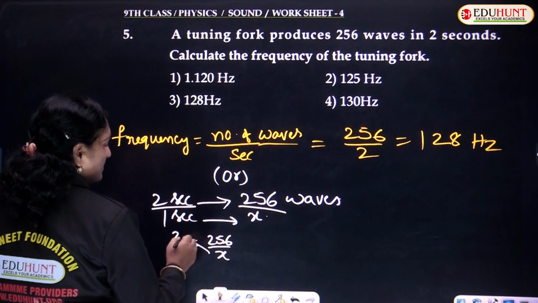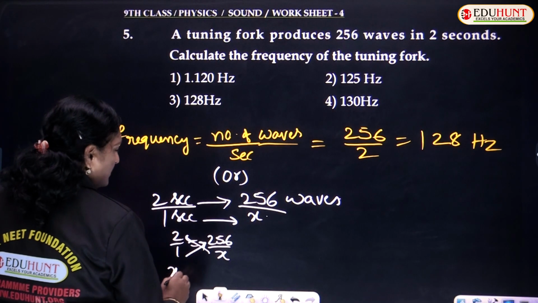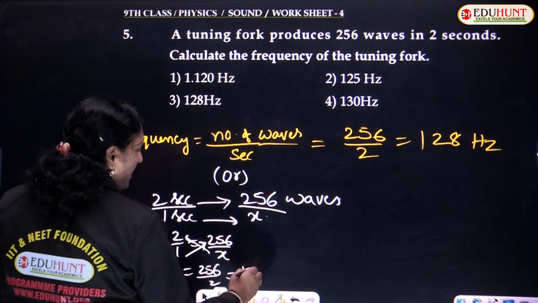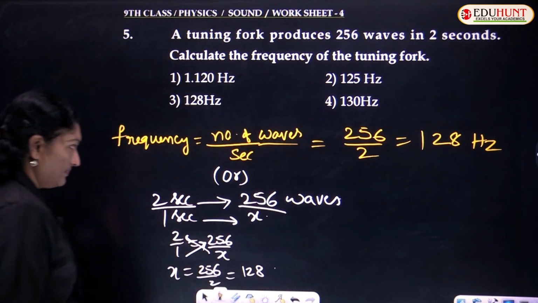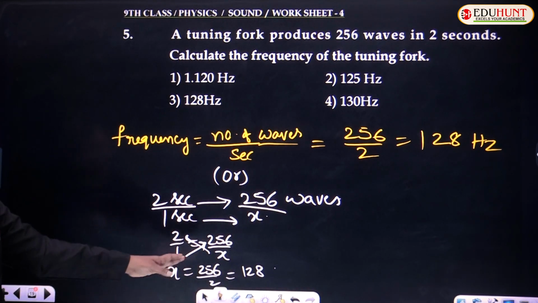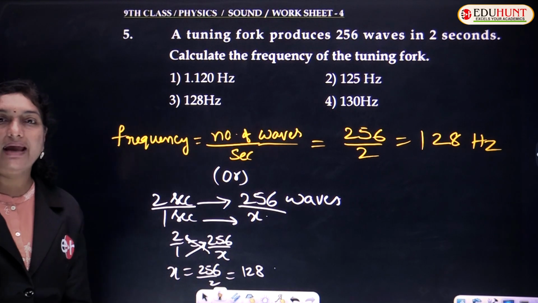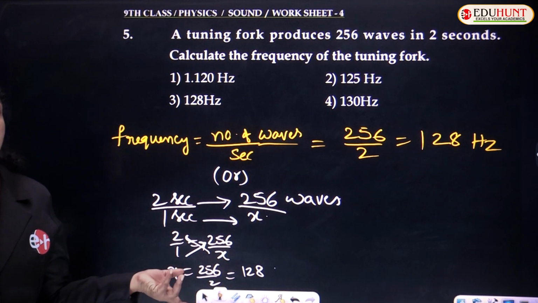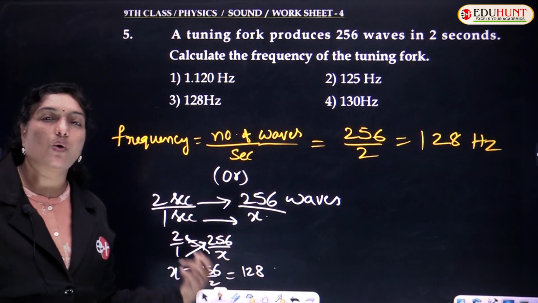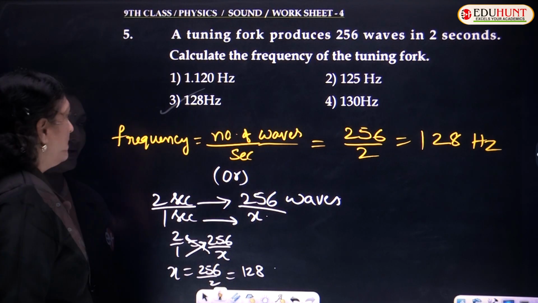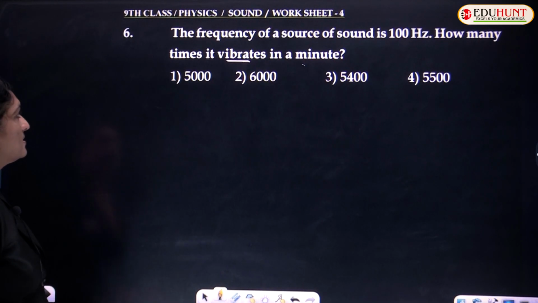Cross multiply, x comes here, 1 comes here. x is equal to 256 by 2. Again, you will be getting the same answer, that is 128. So 128 waves are produced in 1 second. So 128 waves per second itself is called frequency. So what is the frequency? 128 Hertz.